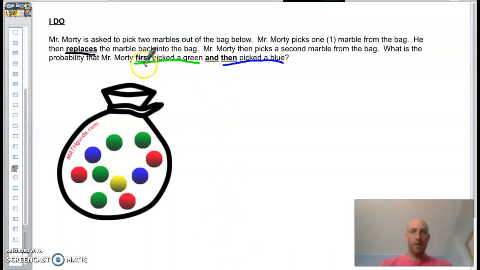All right, so let's start with our first pick. Right away, what's the probability that we get a green? Okay, so I have 1, 2, 3, 4, 5, 6, 7, 8, 9, 10 marbles. Let's label this, this is our green probability.